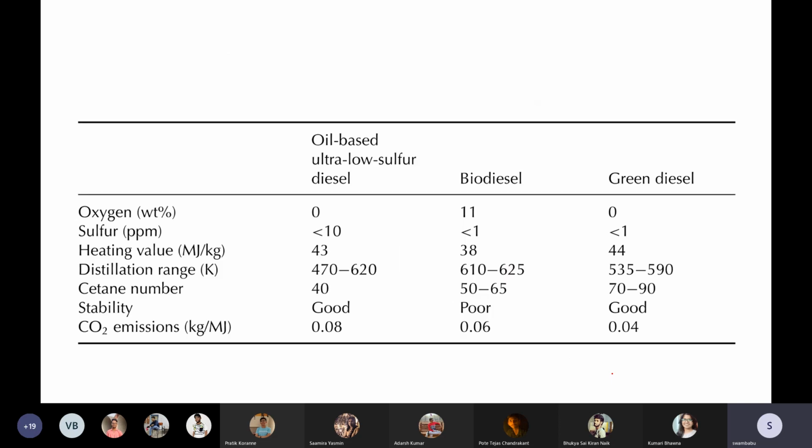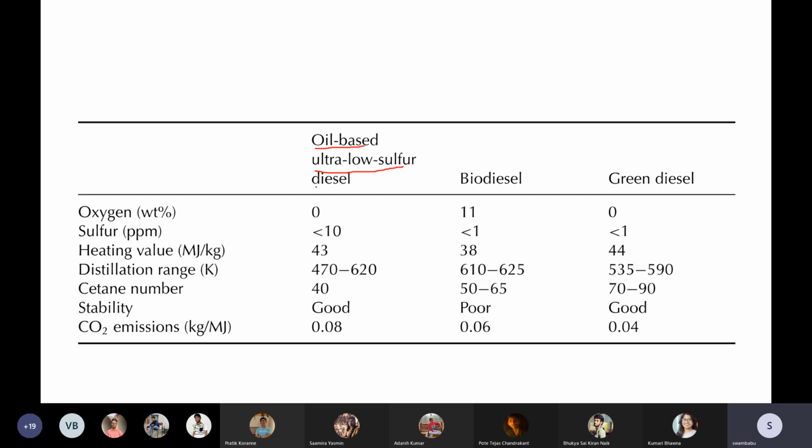Now what are the differences between these three components? This is the crude oil based ultra low sulfur diesel, which means diesel produced from crude oil that contains very low sulfur.